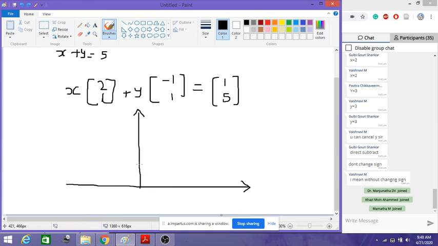Let us write it like this. There are two axes, so the vertical axis represents the 2 and 1. It means we will get this vector somewhere here. So this is your 2 comma 1, that is the column 1, and this is the minus 1.